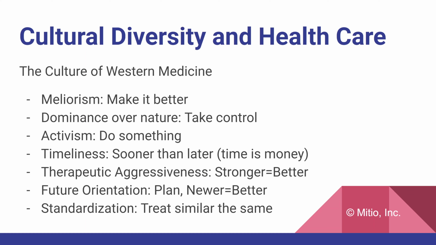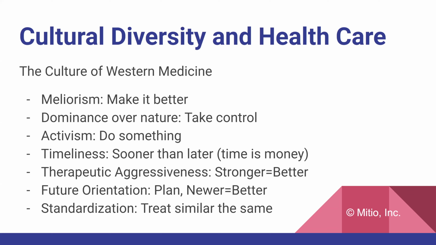The next one is dominance over nature, taking control. And that's a very strong value that we have. It's almost as if man-made is better than nature-made, and taking control of any situation. And that will affect how Western healers or Western doctors will look at an issue and they will attack it.